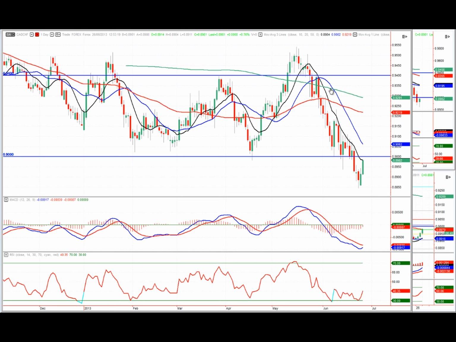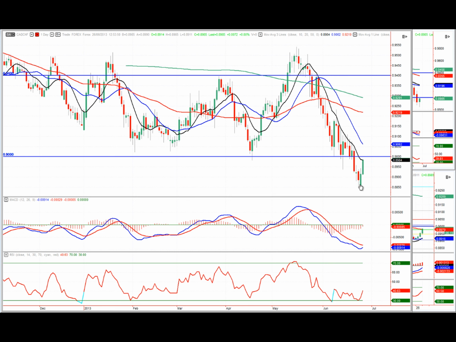So price is respecting this sell zone very well on this market at the moment, and we also know that we've got this 9,000 support and resistance level which has also been respected by price. Last week I was expecting price to break through this level, looking for opportunities underneath it. In fact, we had a trend flow type of candle here on the daily, and we had a 150 point drop to the downside.